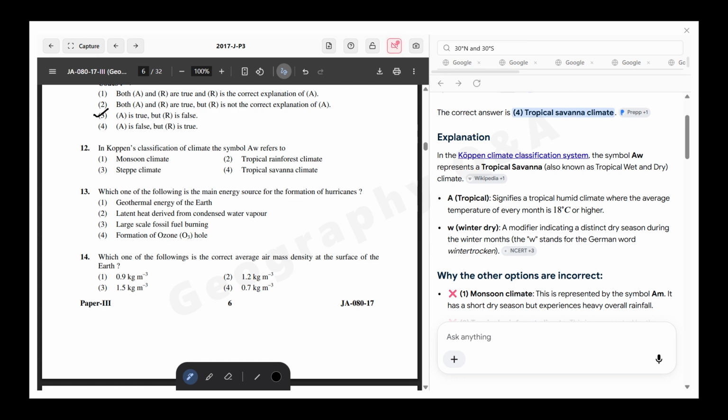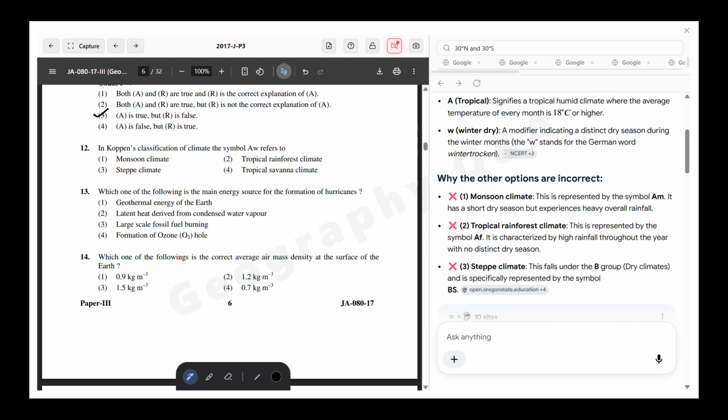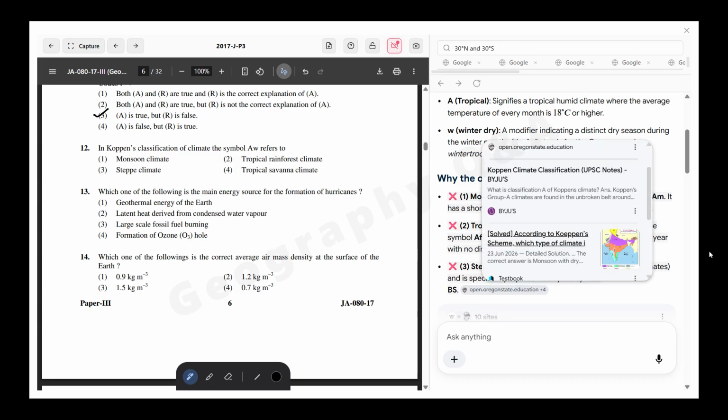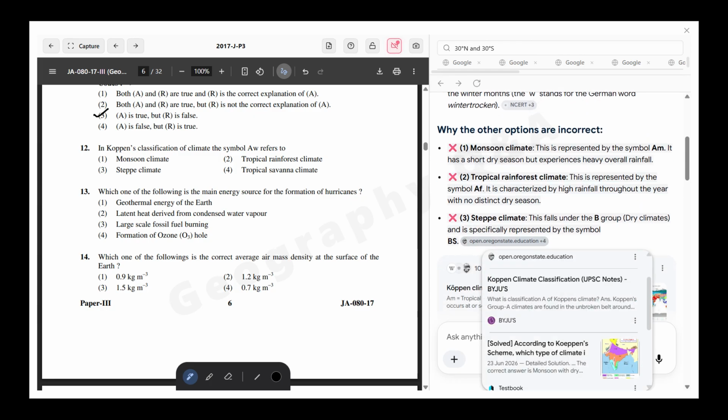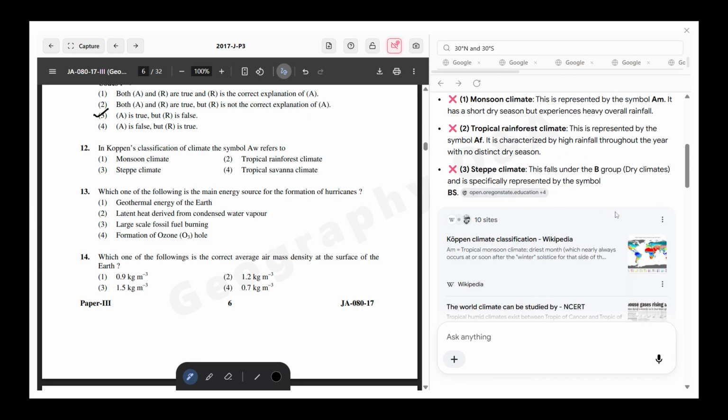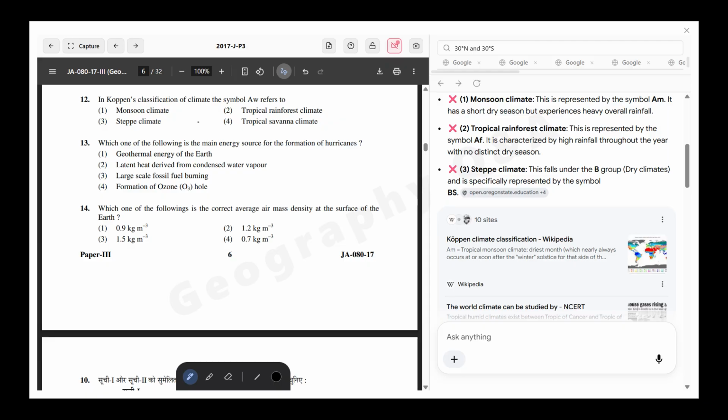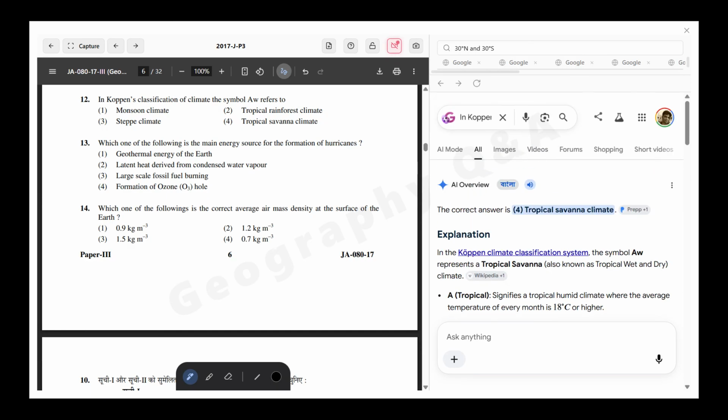Monsoon climate is Am, tropical rainforest is Af, and steppe climate is B group, like BS. B and S are both capital. So the answer is tropical savanna climate.